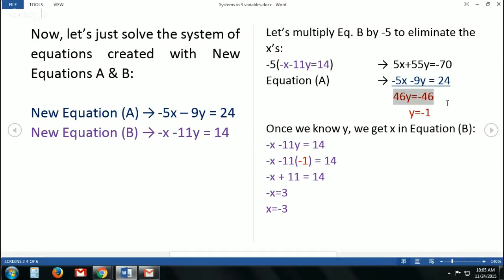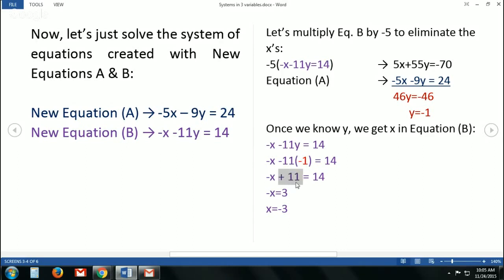Once you know what y is going to be, you can go back to equation B and figure out what x is going to be. Here is our equation B. We now know that y is -1, so let's put it in for y everywhere we see a y, and then let's do the arithmetic that results. -11 times -1 made positive 11.